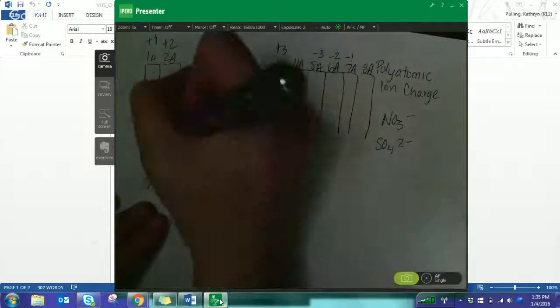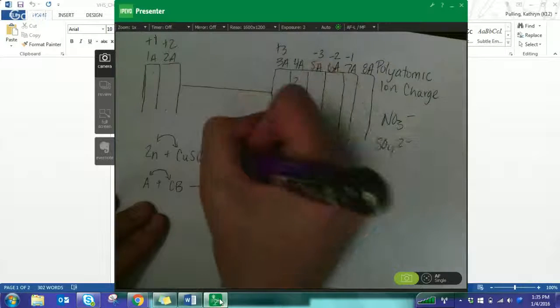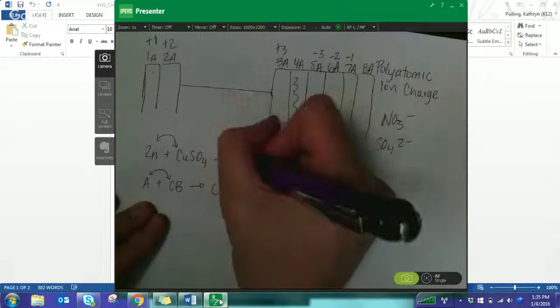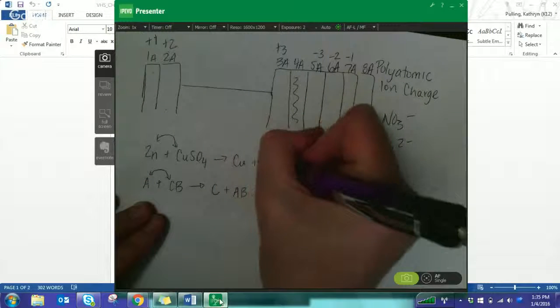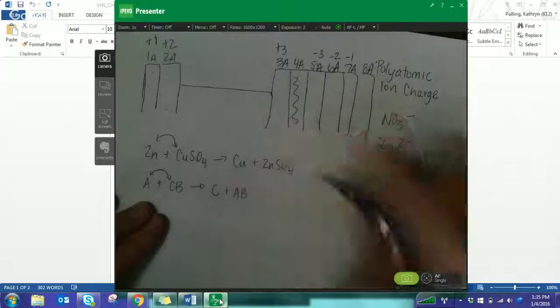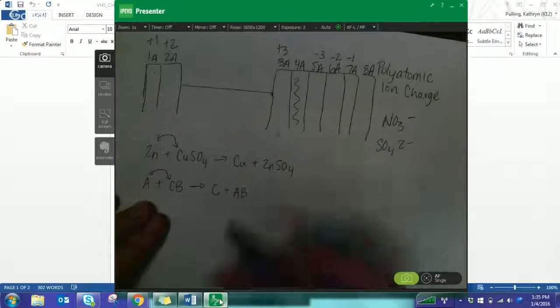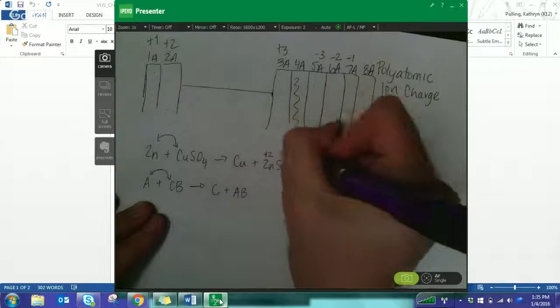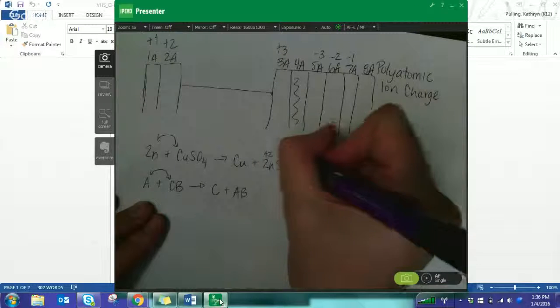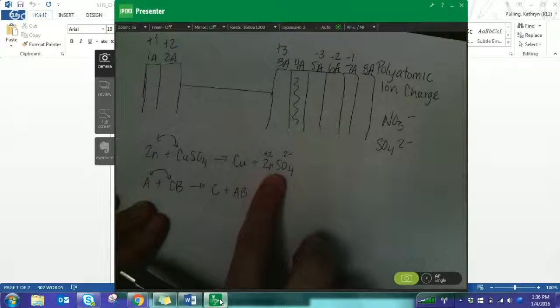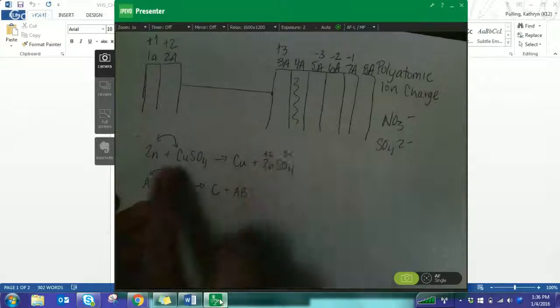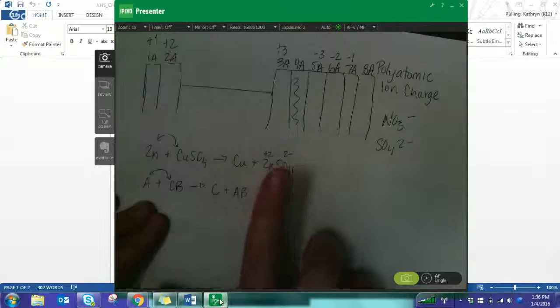In this case, zinc and copper are going to switch, making copper plus zinc sulfate. Something we need to double check here is that zinc always forms a +2 ion, and we know sulfate's always 2 minus, so we're fine not adding any subscripts. Which also means overall our reaction is balanced. You won't always run into it being that way.